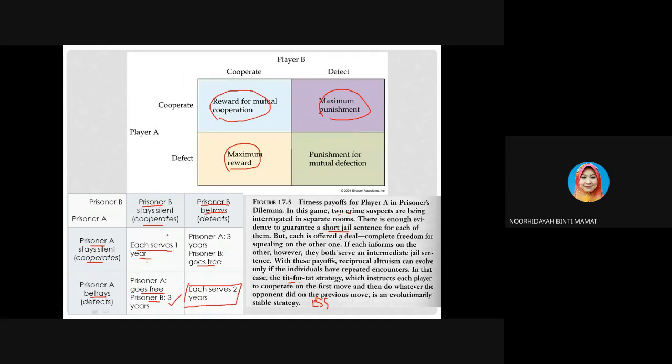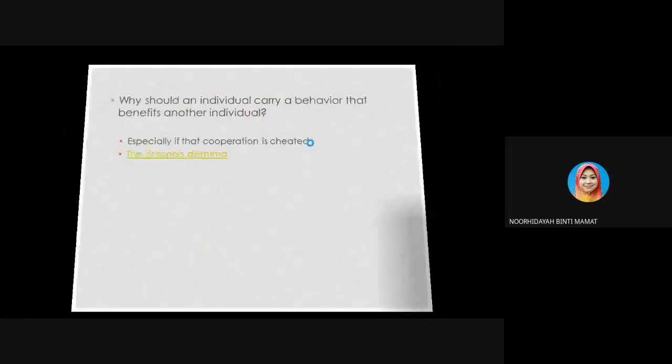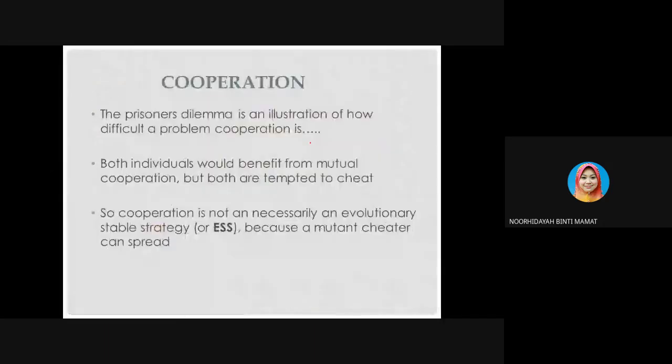Okay, so this is what we call the tit for tat strategy. It is hard for them to cooperate, especially when the cooperation is cheated. So, the prisoner's dilemma is an illustration of how difficult a problem cooperation is.